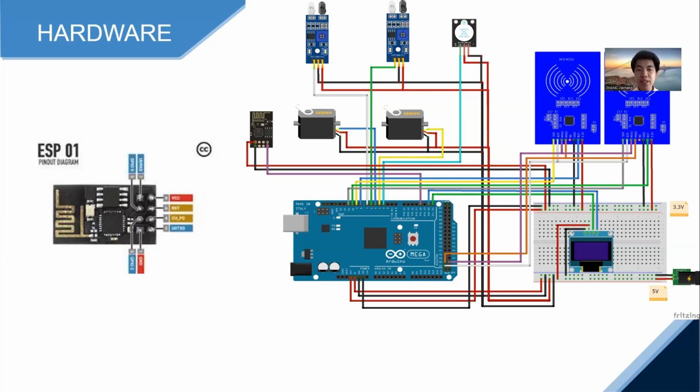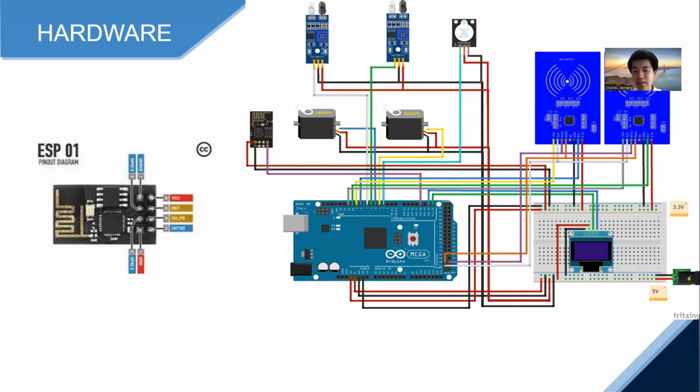This is the detail of the hardware configuration. On the left is the ESP01 module, which is not connected, but I will show it later. And here is the circuit diagram. As you can see, there's the Arduino here, and the red is the positive voltage side, and the black is the negative side connecting to the ground.